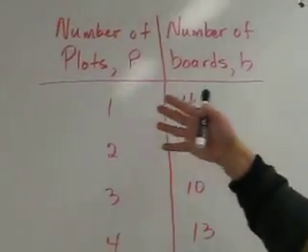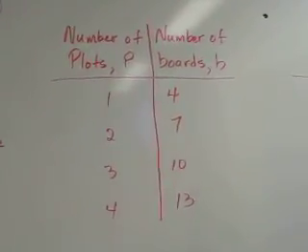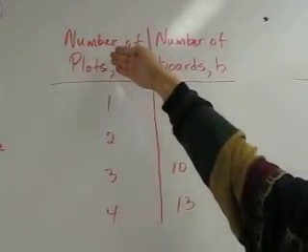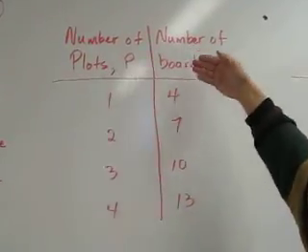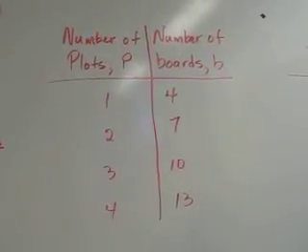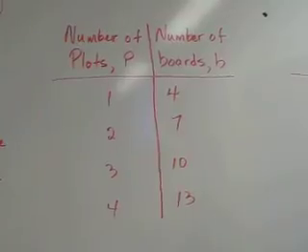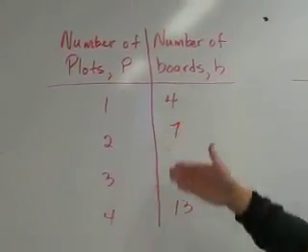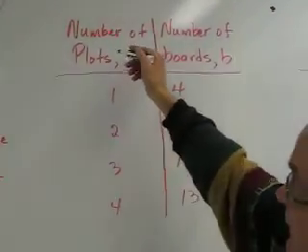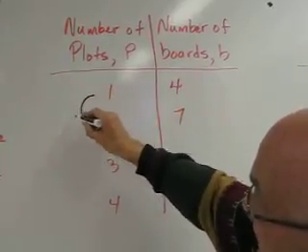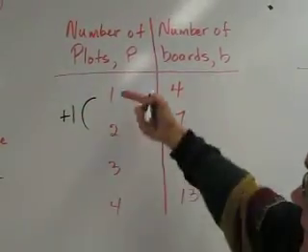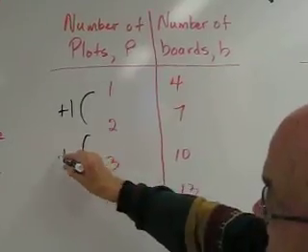I've just taken this table of values from a series of diagrams. We were examining the number of plots of land and the number of boards required to build those plots, just to give you some background. Now, if we examine this data, you'll notice that the number of plots were going up by 1 in each case.